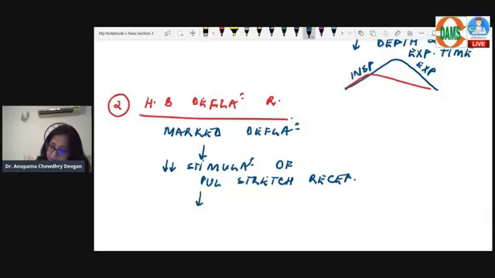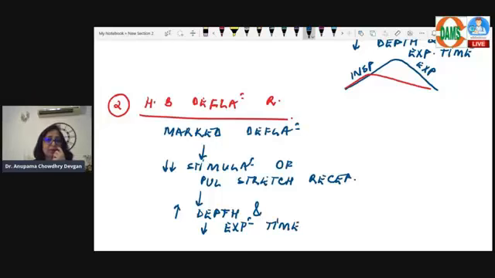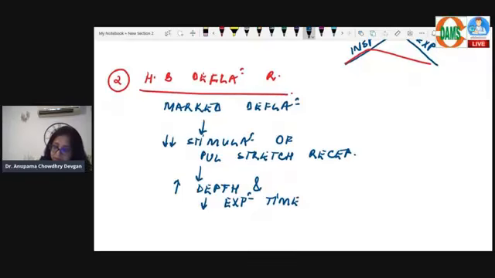Decreased stimulation of pulmonary stretch receptors will now cause decreased input via the vagus. That means there is now going to be an increase in depth of inspiration and decrease in the expiration time. Right? So this is the Hering-Breuer deflation reflex. What is the significance of the Hering-Breuer inflation reflex?